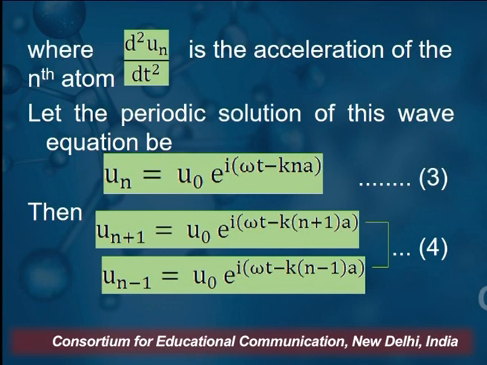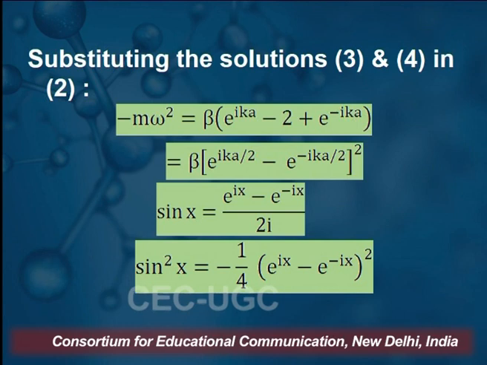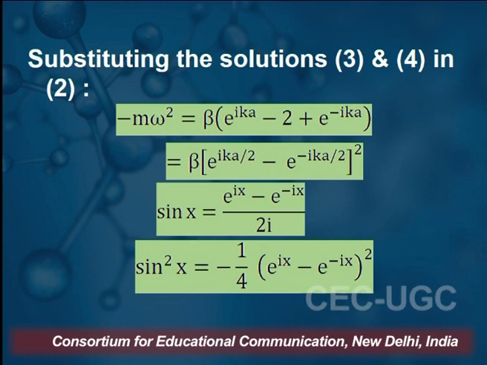To find a solution for equation number 2, we simply substitute equations 3 and 4 back in equation number 2. If we do so, then equation number 2 will reduce to minus m omega square equal to beta times e to the power of i k a minus 2 plus e to the power of minus i k a.